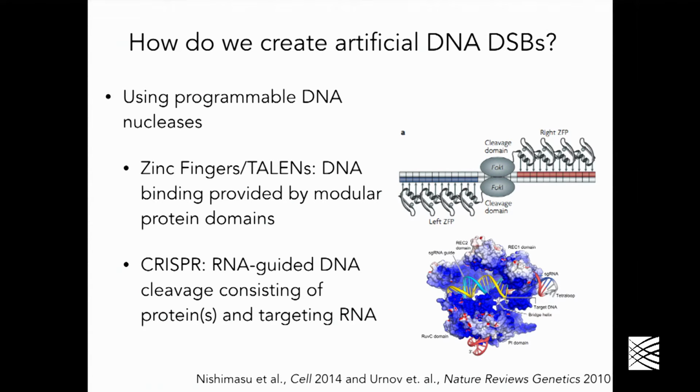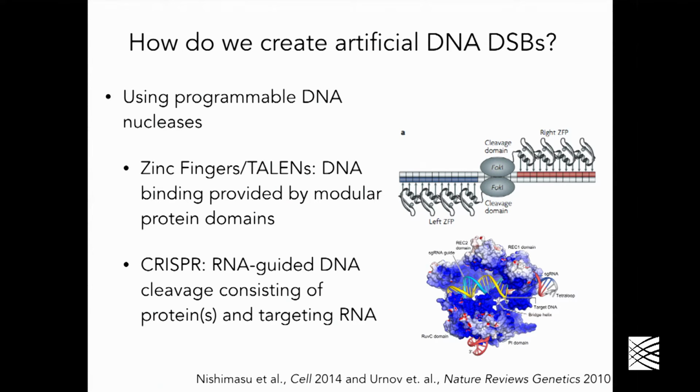However, their DNA binding is provided by modular protein domains. And so to create a specific zinc finger or TALEN would require laborious molecular biology processes to clone together multiple little fragments. This was a long process, and you had to engineer every individual protein for every target site.